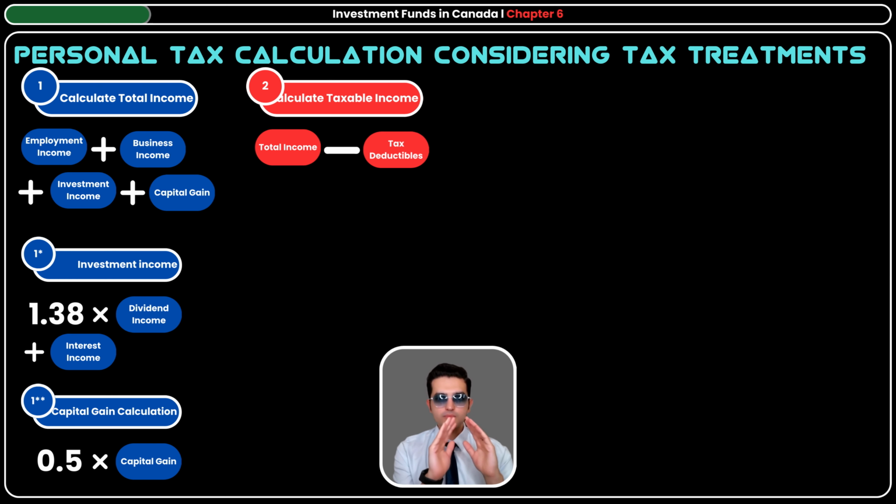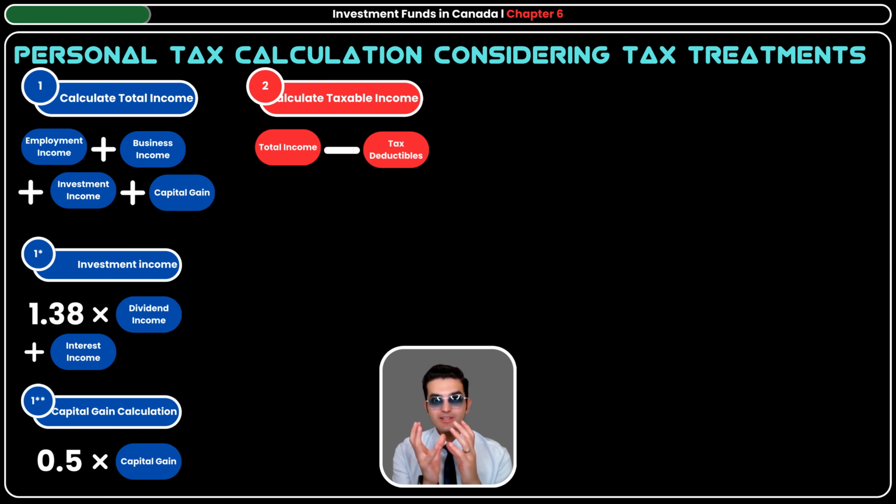Let's say the total gross income from all four sources is $80,000. Now, second step, we need to deduct some tax deductibles.